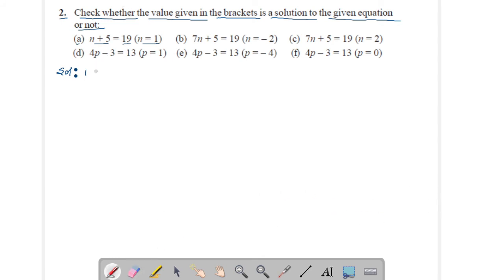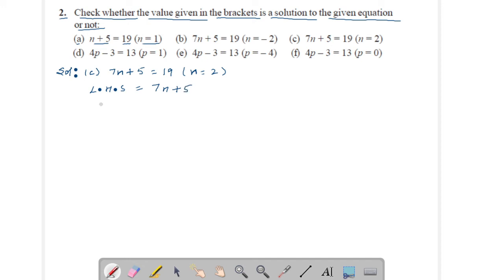Now come to C part. It is 7n plus 5 equal to 19. n equal to 2. Here say left hand side equal to 7n plus 5.